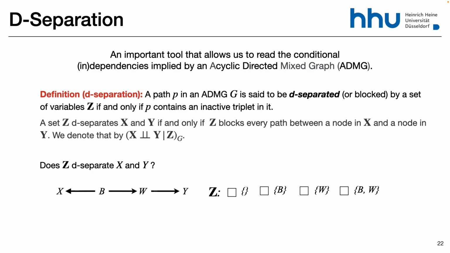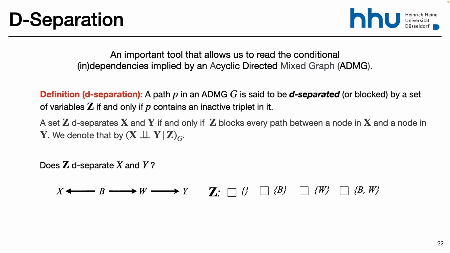The first triplet is X, B, and W. It's a non-collider, so the pipes are connected, and Z doesn't contain B. So I'm not observing B, I'm not conditioning on B, so the information flows. So X, B, and W is active.